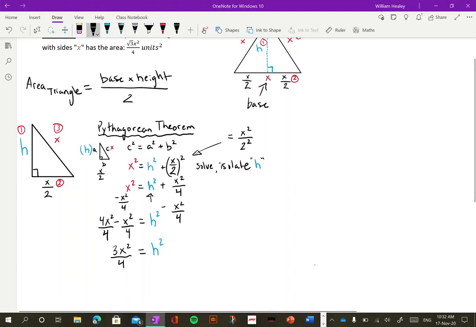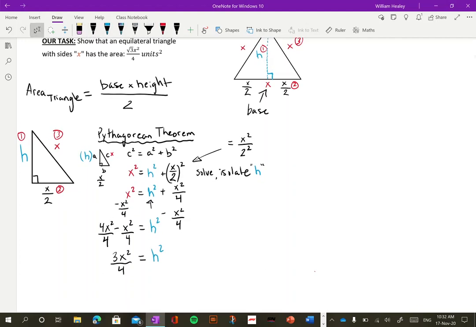And the opposite of taking to the power of 2 is taking the square root of something. So when we take the square root of 3x squared over 4, we will find that is equal to h.